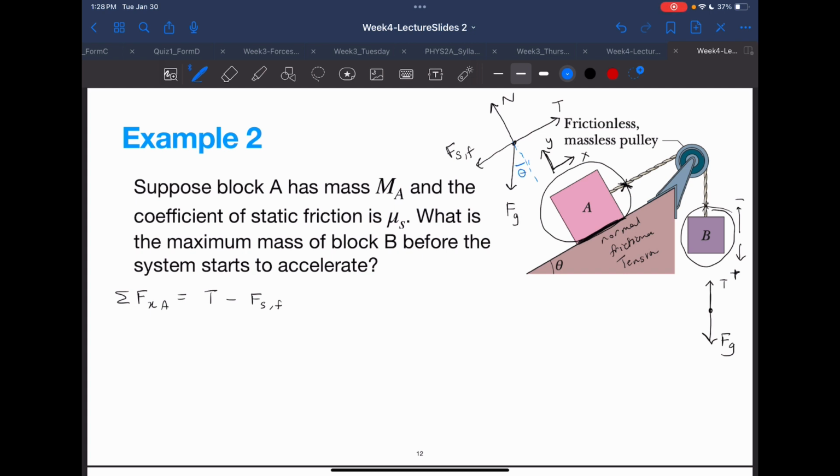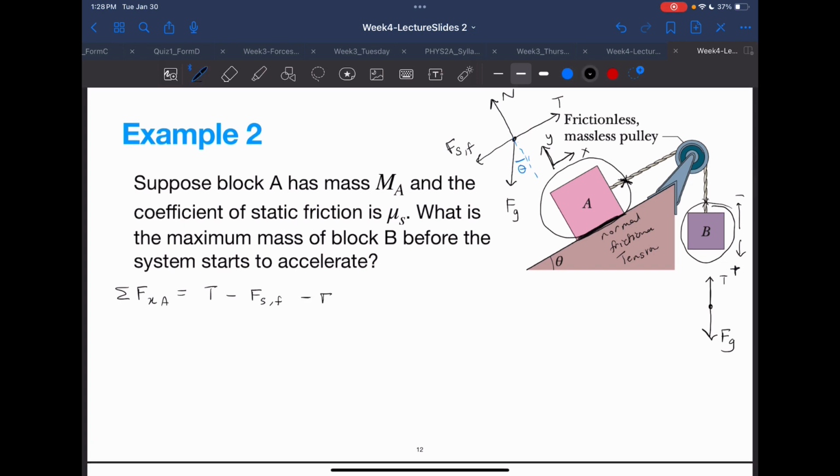So the x component of force of gravity is minus Fg sine theta. And that equals mass of block A times acceleration of block A in the x direction.